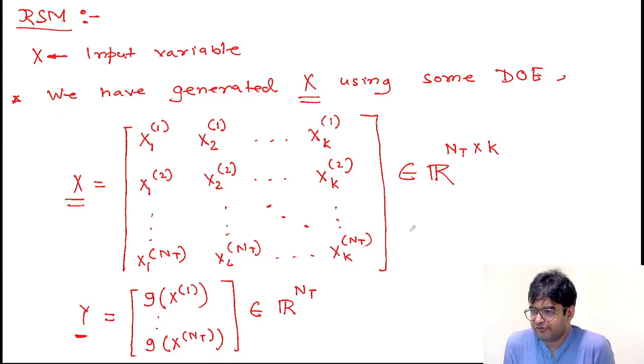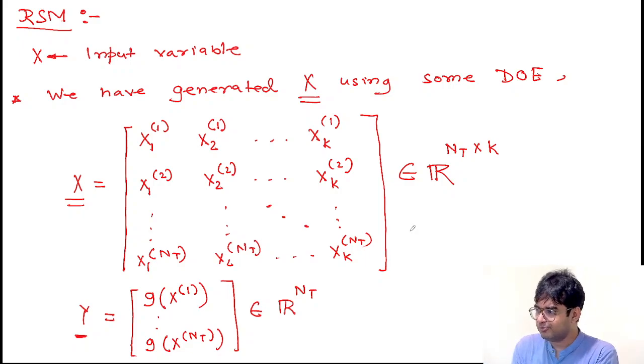So I will define some statistical quantity which gives me the difference between the g x, the y that I get by running the simulator, and y hat or y tilde, whatever you call it, that you get from this model. And you will try to minimize that statistical quantity and push it towards as low as possible. Ideally 0, which will not happen, but ideally we are interested in learning the function.